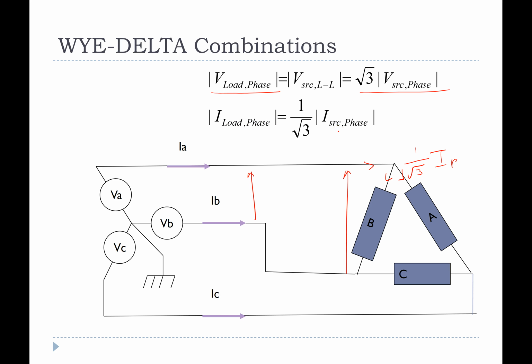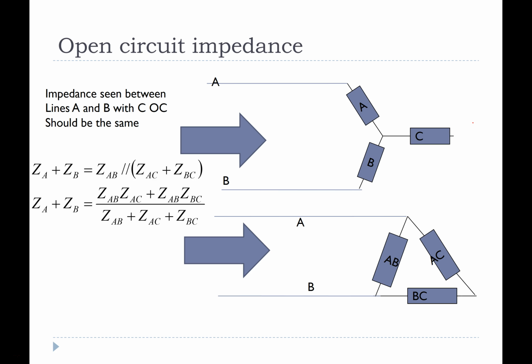To do that, let's consider a Y circuit, and we're going to connect between A and B, and leave C open. And we're going to do the same thing with the delta circuit: connect between A and B, and leave C open.